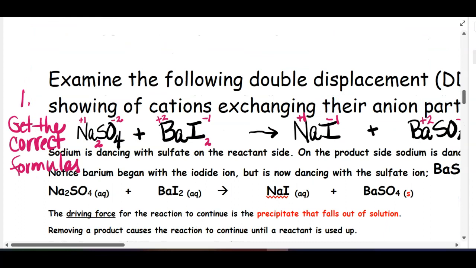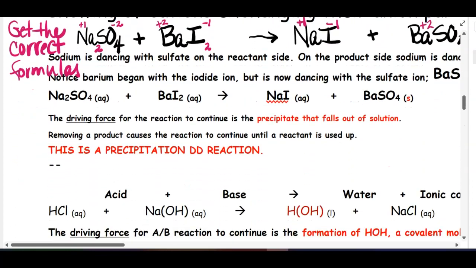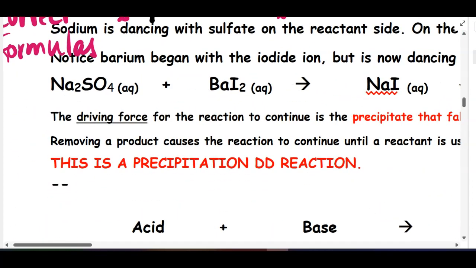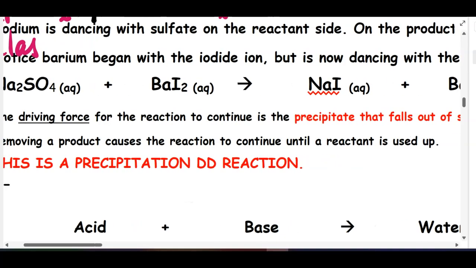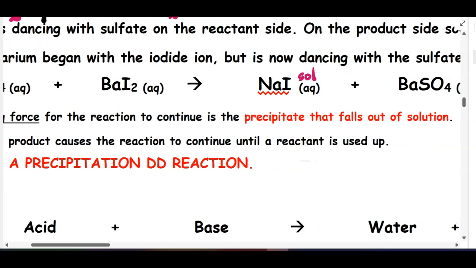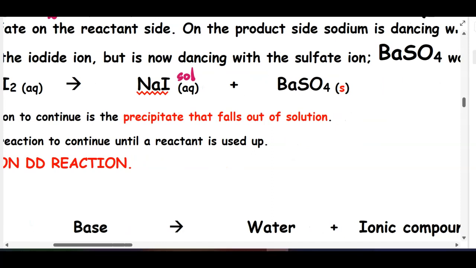All right, now here's the thing. Isn't one of the rules that all sodium compounds are soluble? All sodium compounds dissolve. So that means this guy is soluble. But barium sulfate is insoluble.